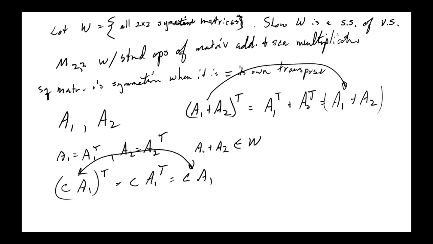If A and B are symmetric matrices of order 2, so is A1 plus A2. Similarly, W is closed under scalar multiplication because A is equal to A transpose, and CA transpose is equal to C A transpose, which is CA. If A is a symmetric matrix of order 2, then so is CA.